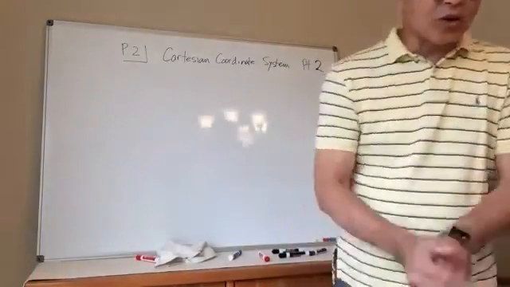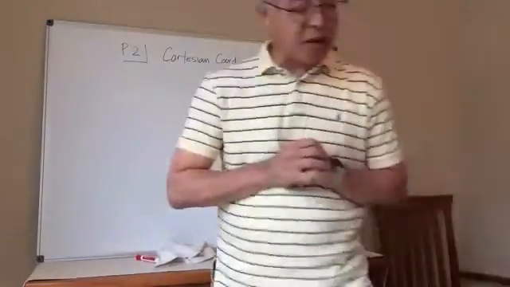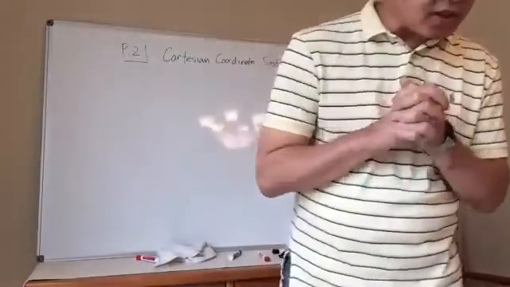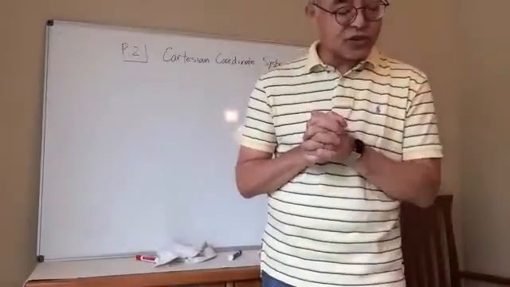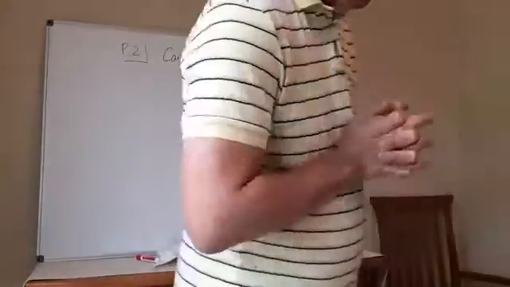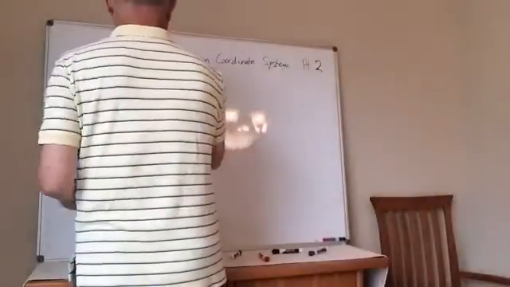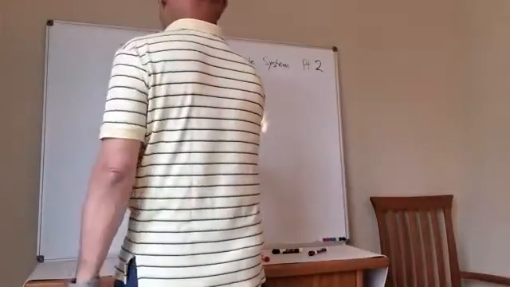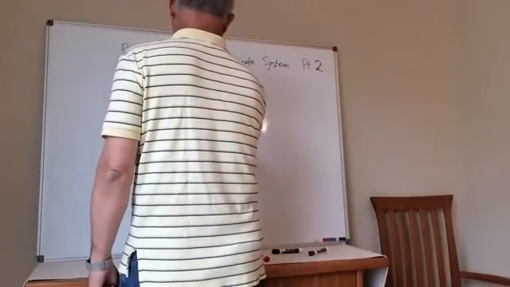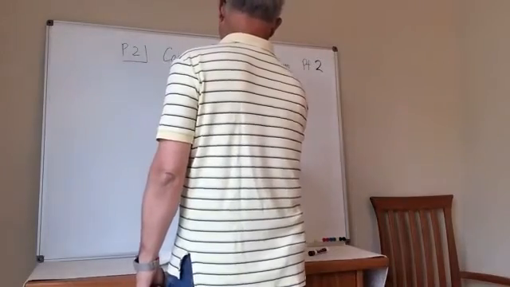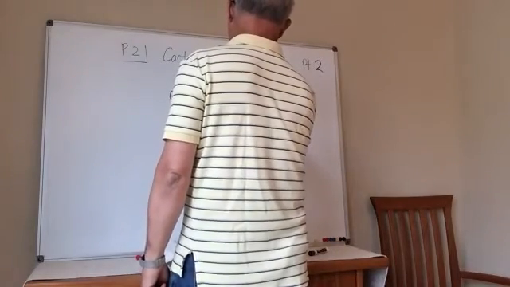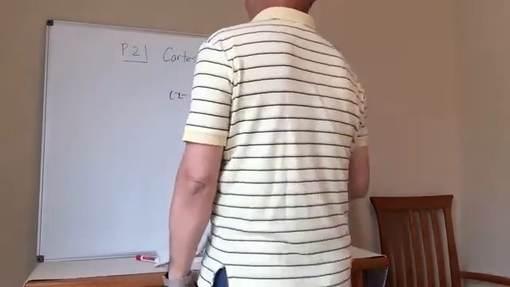Okay, so let's go to the bottom of page 15. We have the equations of circles. (x - h)² + (y - k)² = r².